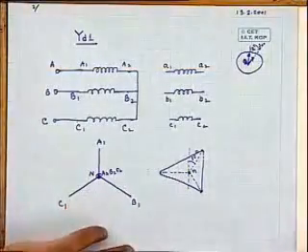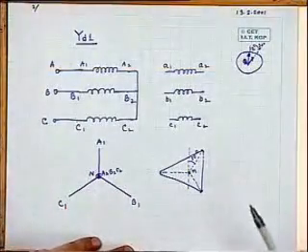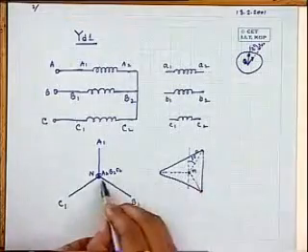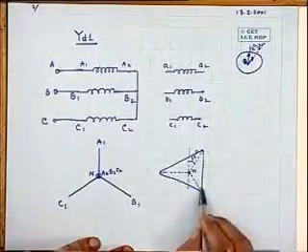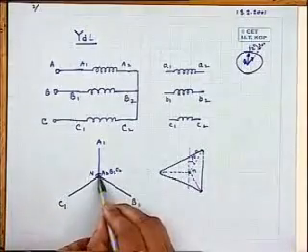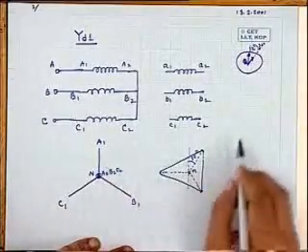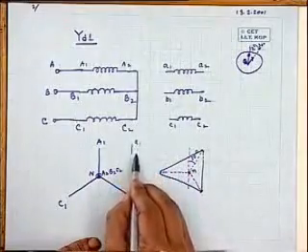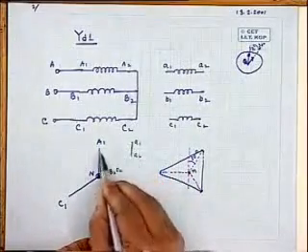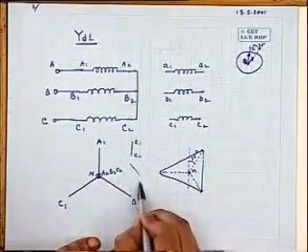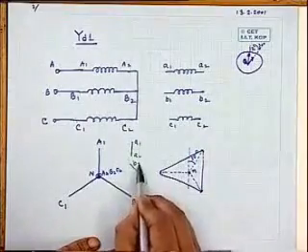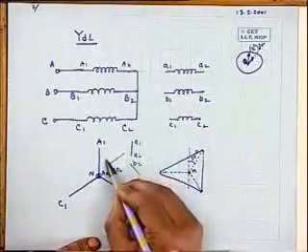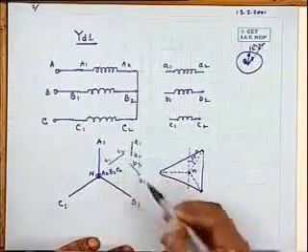Now you see that once I have reached this point, I can do it very quickly, because this voltage on the secondary side is available, this phasor, because that will be parallel to A1, A2. These voltages on the secondary sides are available: A1, A2 parallel to A phase, B1, B2 parallel to this line, and C1, C2 parallel to this line.